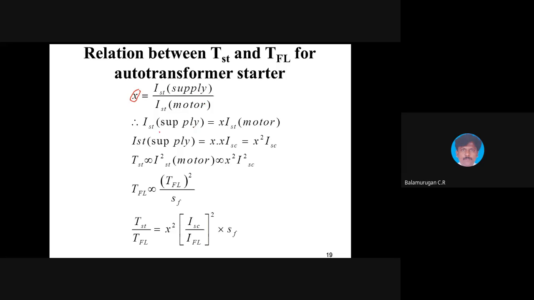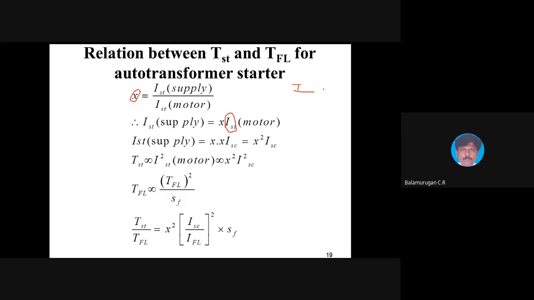So you can write this equation like this: I starting supply equals x into starting current of the motor. That we will finally change to IAC. So I starting supply equals x into motor current. And here we are representing I starting as, per that equation, x into ISC.